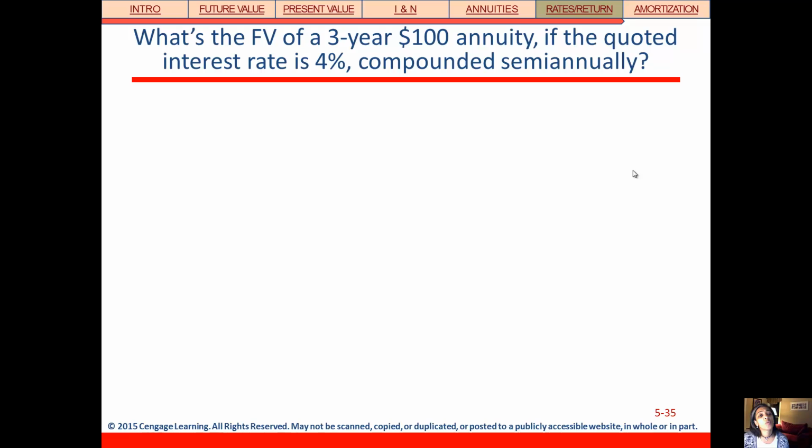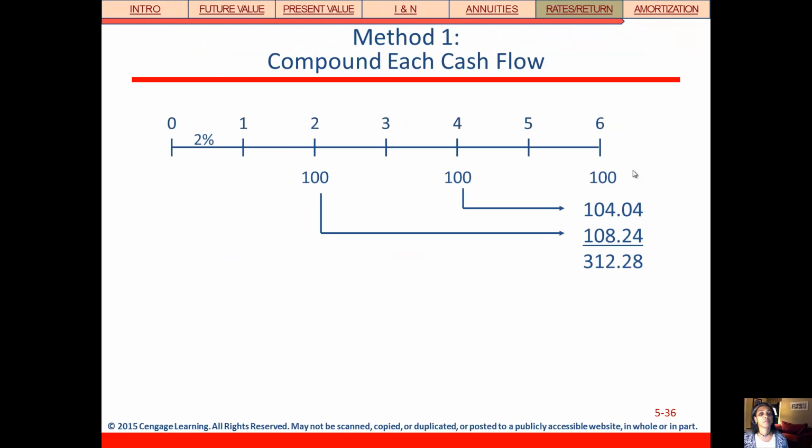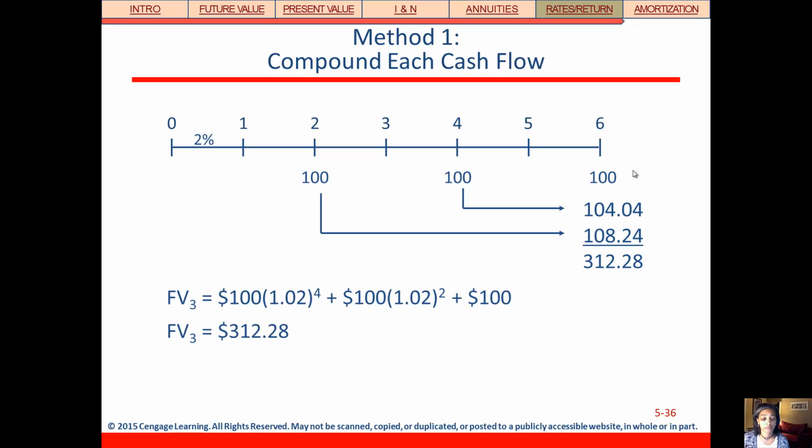So here's another one. What's the future value of a 3-year, $100 annuity if the quoted interest rate is 4% compounded semi-annually? So this means that we've got 2 payments a year for 3 years. And those payments are $100, so we could calculate the future value of each one of those payments and add them together.